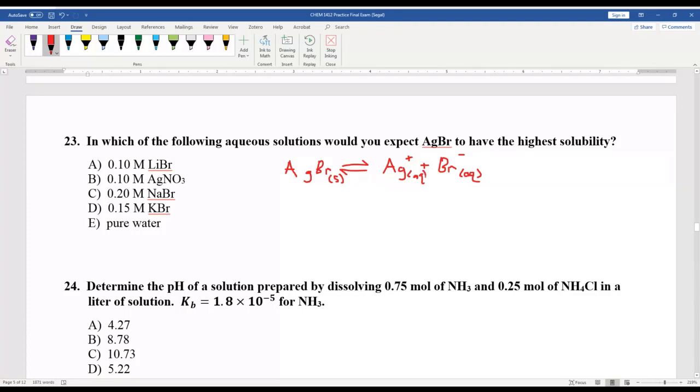Well, if I look at the first one, if I add LiBr, what am I adding? Am I adding products or reactants? Products. If I add products, what way is that going to cause the equilibrium to shift?